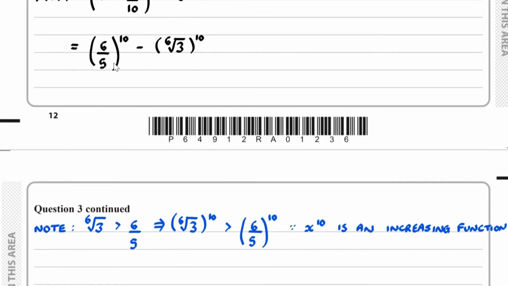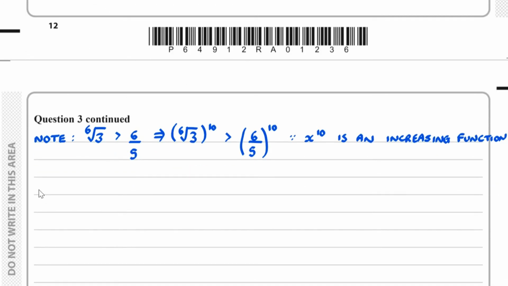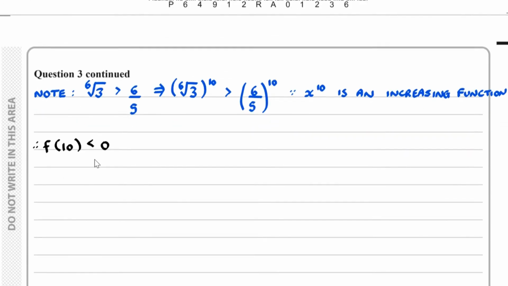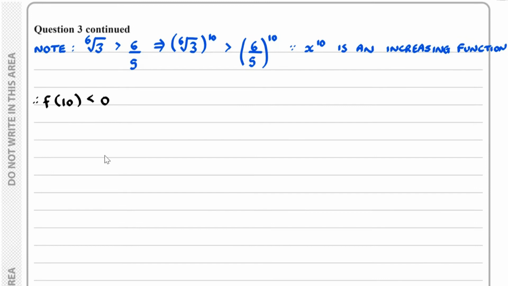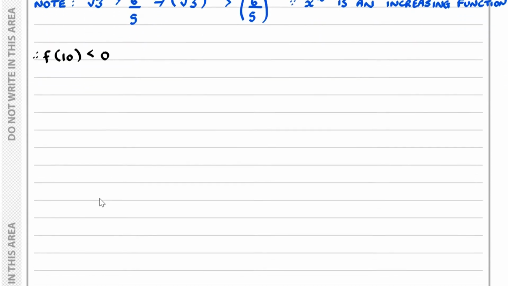So if we think about what we have over here, well, 6 over 5 to the 10, that is smaller than this result here, which means that f of 10 will be less than 0. We've got a smaller number take away a bigger number which is less than 0. And therefore we see that f of 9 is greater than 0 and f of 10 is less than 0.